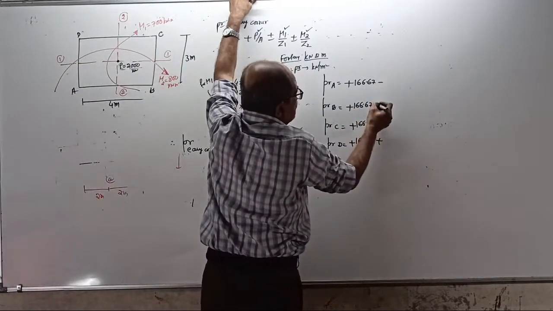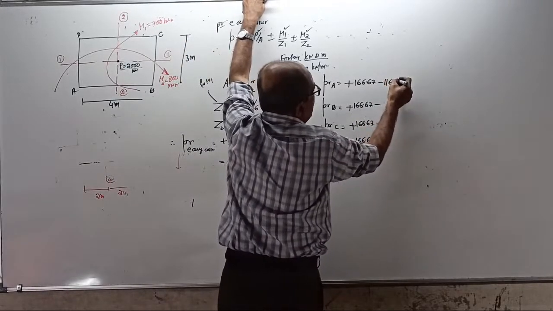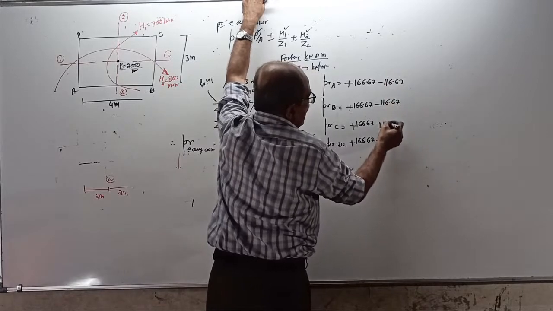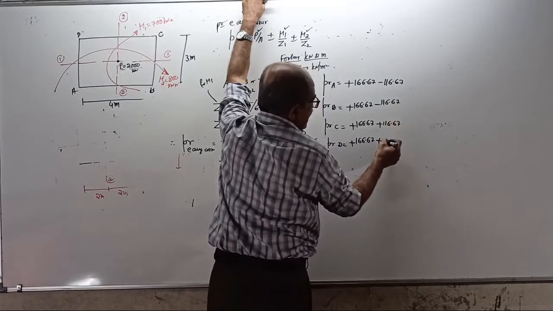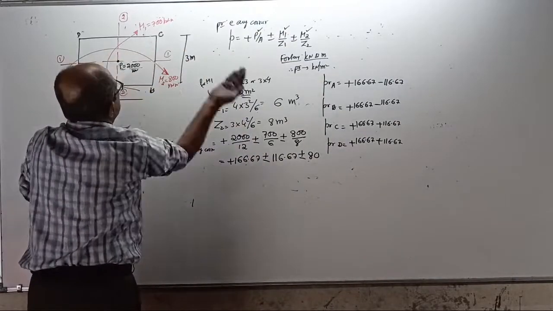Now I will not explain. The term is 116.67 at each corner. Come to M2.